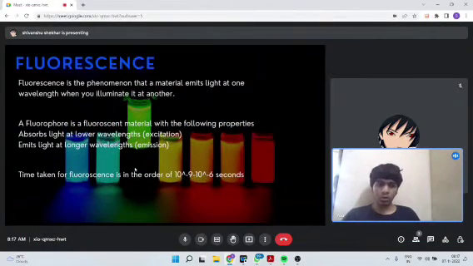Right. So coming to fluorescence. Fluorescence is one of the phenomena which is again only defined through quantum optics. Fluorescence is the phenomenon wherein a material emits light at one wavelength while you illuminate at another. So what happens essentially is when you hit a particular material with a high energy light, it will slowly settle down to a lower state.